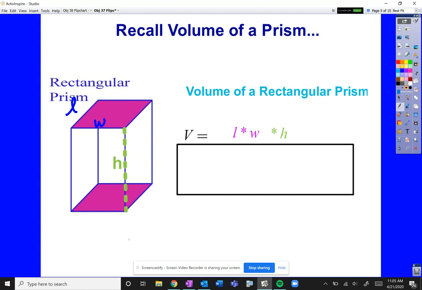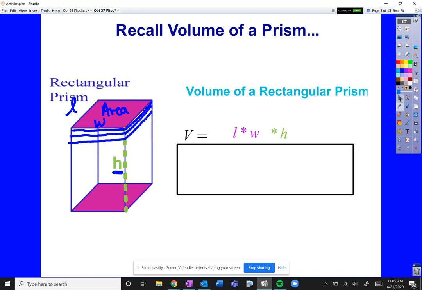But really, think about a stack of paper. If you find the area of the first sheet of paper, and then you layer those on top of each other, ultimately you're just going to stack all those pieces of paper however tall your height is.